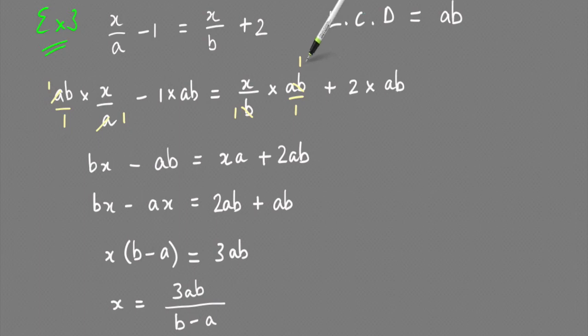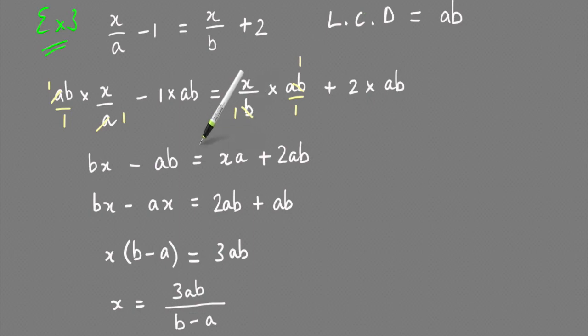I don't mark my students' work because they're in year 11 and 12, and that's pretty much what I say to them as far as cancelling. In year 12 you need to show the 1s, because otherwise you could lose marks. But anyway, I've shown it there for what it's worth, and then plus 2 times ab, which is 2ab. So that's the next step there.